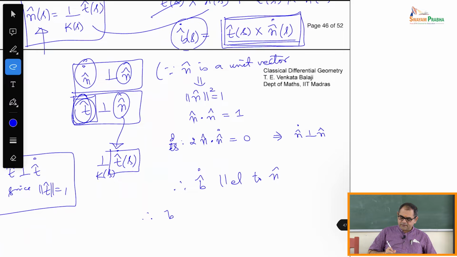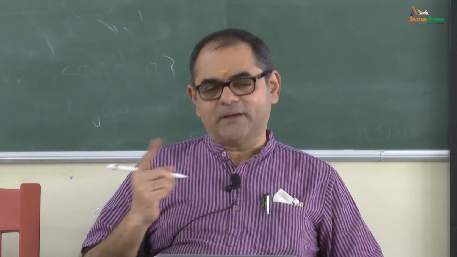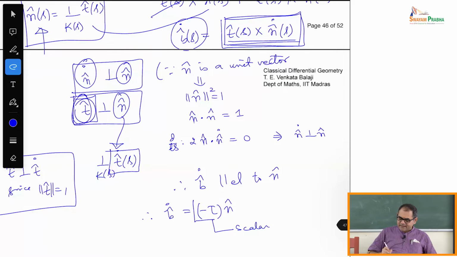Therefore b hat dot is equal to minus tau n hat, where tau is a scalar. And we put a minus sign. I will explain why. The reason for that minus sign is also geometric. You can also take it as a convention. And this scalar involved is the negative of the torsion.